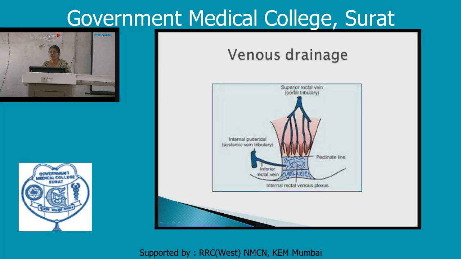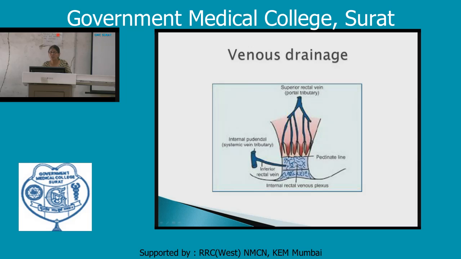So it is a tributary of the portal venous system, while the inferior rectal vein is a tributary of systemic circulation. This is systemic. The inferior rectal vein drains into the internal pudendal and the internal iliac vein.